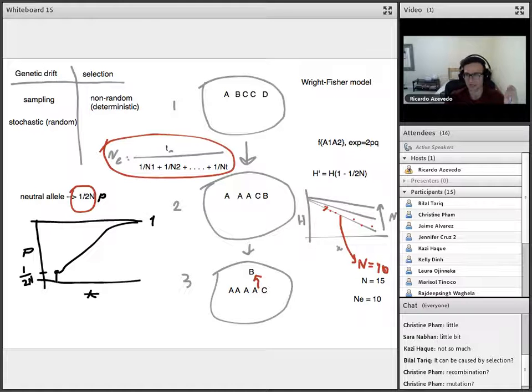And so the same way that we had mutation selection balance, we can have a mutation drift balance, where drift gets rid of alleles and mutation reintroduces them.